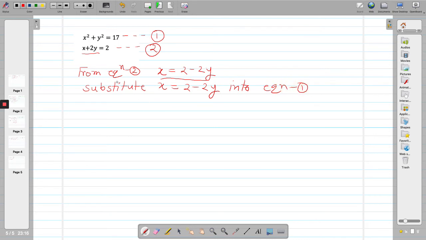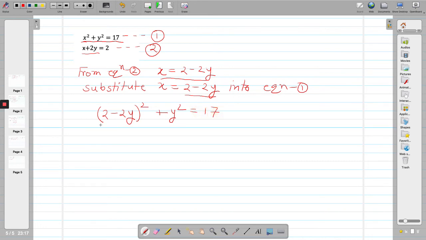In equation 1 we have x squared plus y squared equal to 17. So instead of writing x squared, x is what now? X is 2 minus 2y. So we're writing 2 minus 2y whole squared, and then y squared is as it is, y squared, equal to 17. So look at this, instead of writing x, I've written 2 minus 2y.